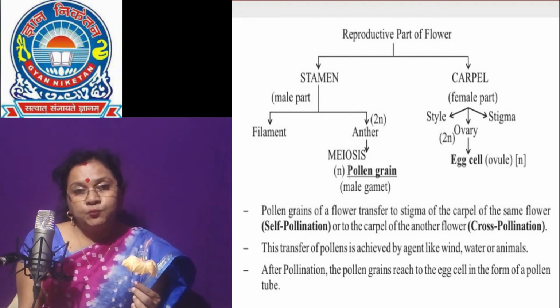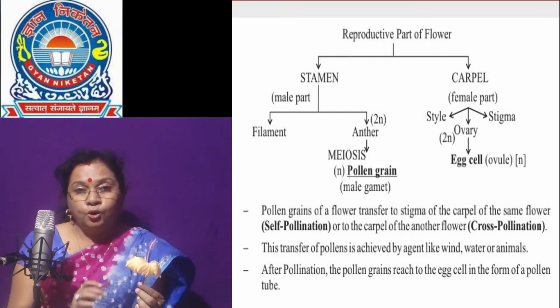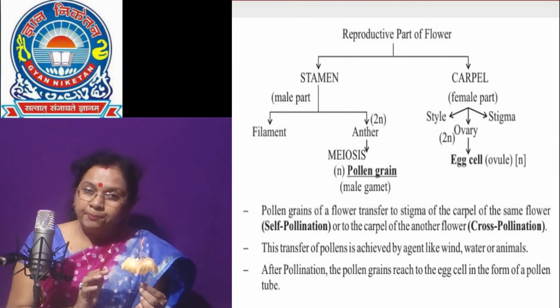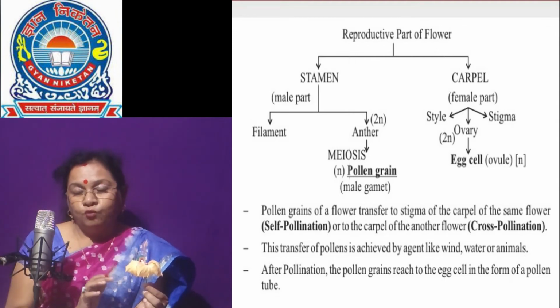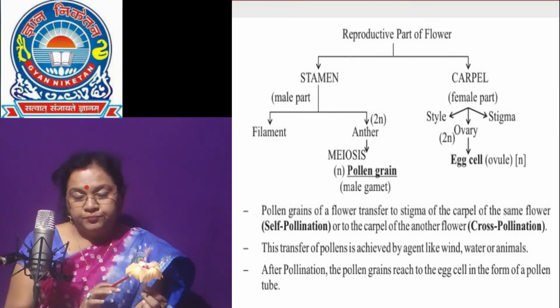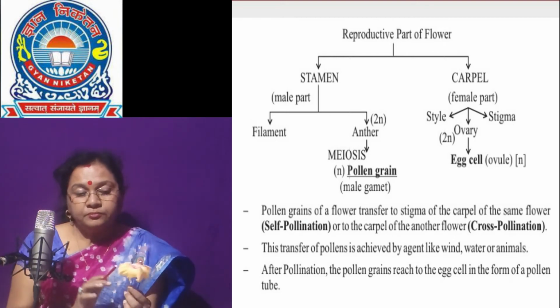But pollen compatibility is maintained within the species: the stigma accepts pollen grains of its own species. Like papaya receives pollen grains from the papaya male flower, and watermelon receives pollen grains from the watermelon male flower. So this is called cross-pollination.